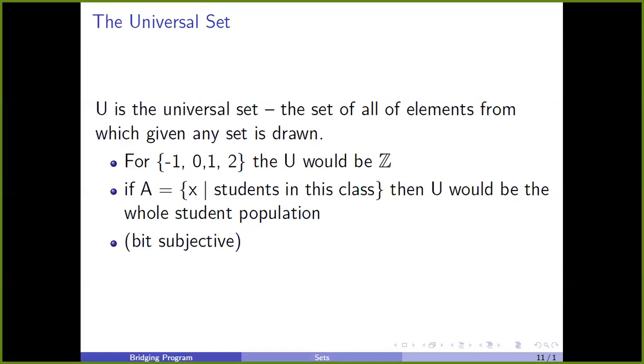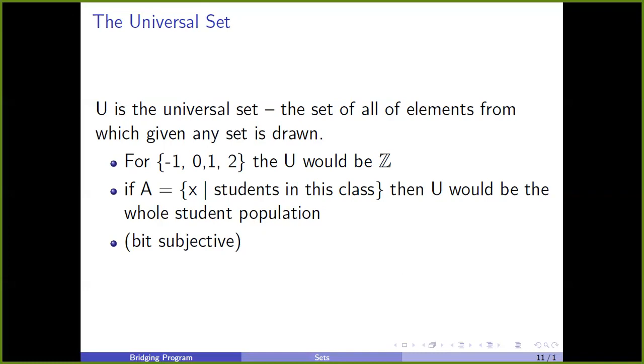For example, if my set is -1, 0, 1, and 2, my universal set would be all the integers, right, from -infinity to +infinity, right? Or one might argue this is all the real numbers, right?